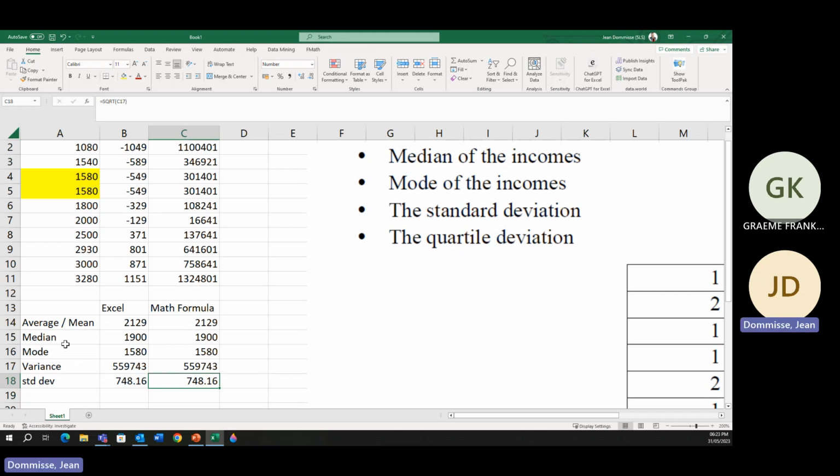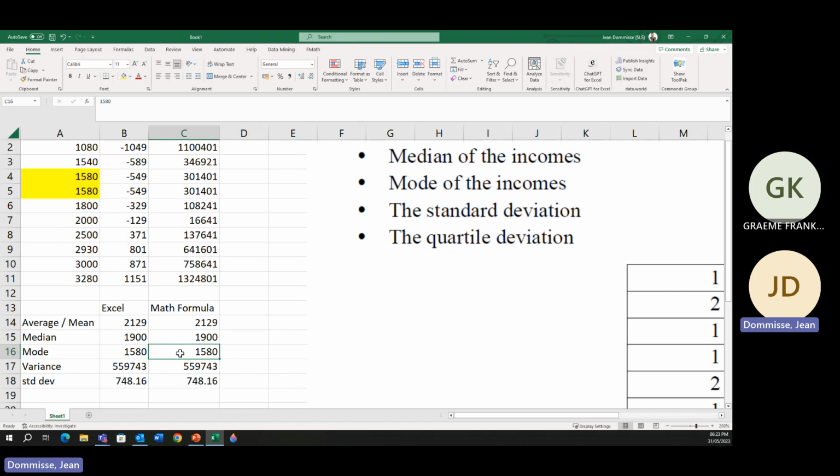Okay, so by looking at this, we could work out the average or the mean by using the Excel function, or by looking at the mass function, the median exactly the same. Let's change this a bit, but we still get the same answer, so that if you change the data, it will also move.